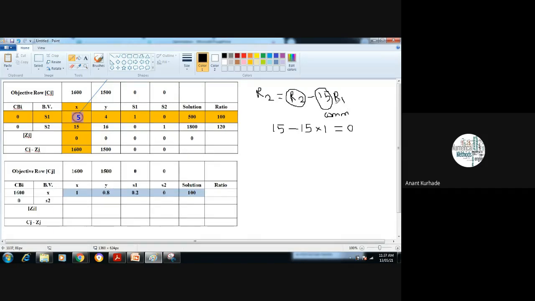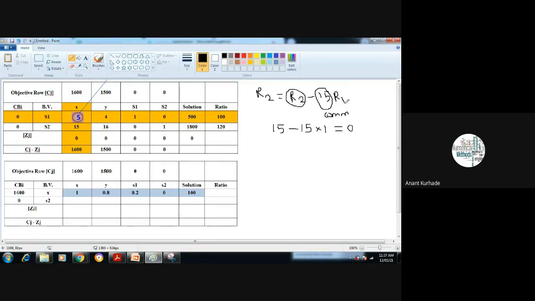R1 means this is again a new value. New value is equal to old value minus 15 into new value. Remember this.